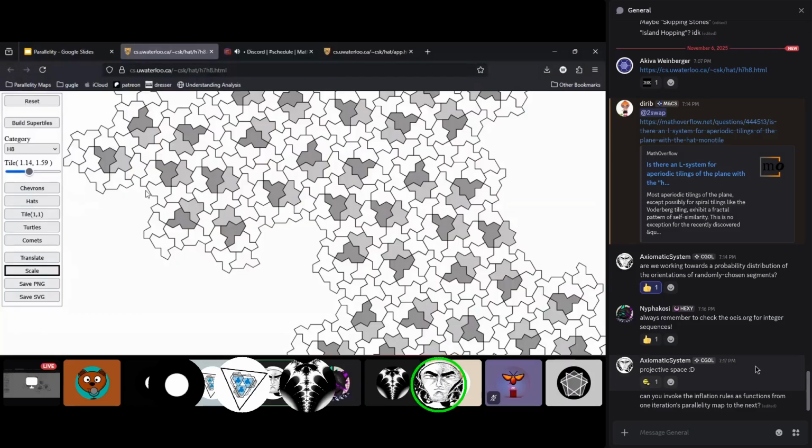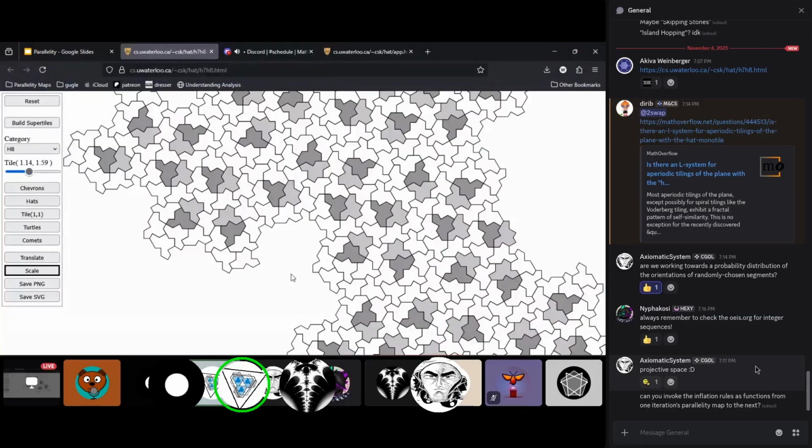I was just saying that yes, people have already calculated distributions of flipped versus non-flipped tiles using the inflation rules and eigenvalue stuff. But the orientations of the lines... I was just about to say, not exactly, because if you rotate a tile by 180 degrees, it has the exact same parallelity.